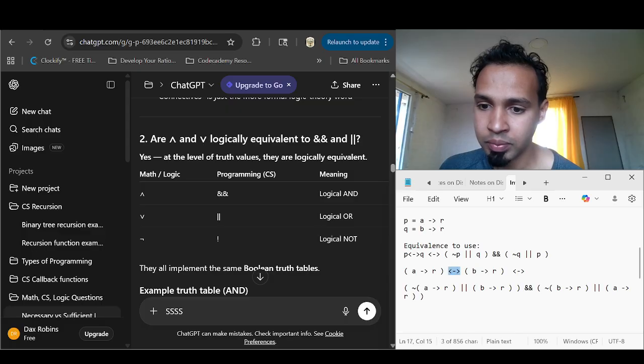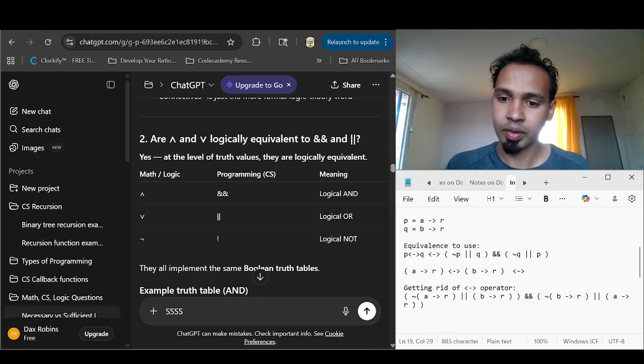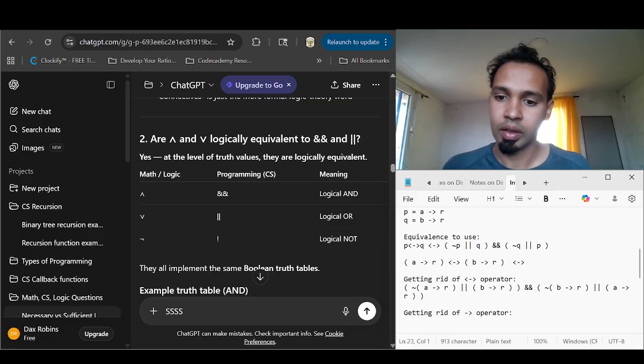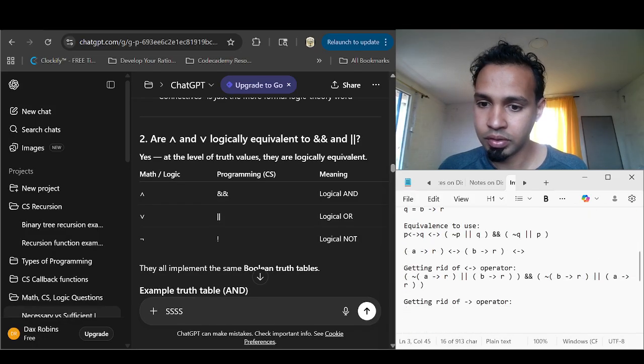Now for the second step, we want to get rid of the if-then operator, and we can now use this statement here, this logical equivalence.